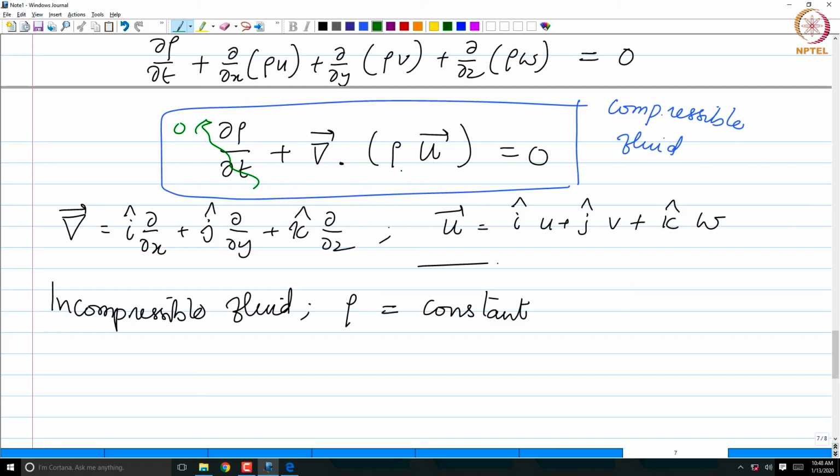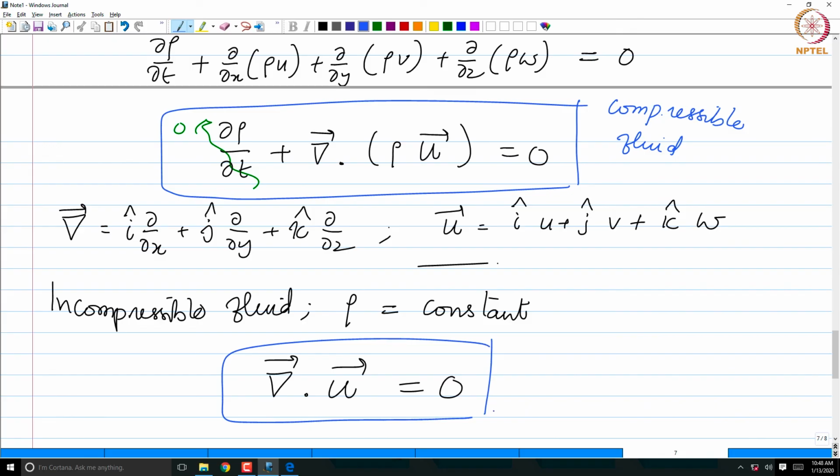Then rho can be taken out of the divergence because density is constant. So all you end up with is nabla dot u bar equals 0. So this is the conservation of mass for an incompressible fluid.